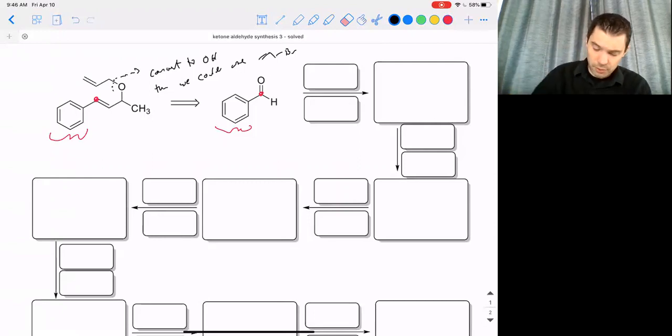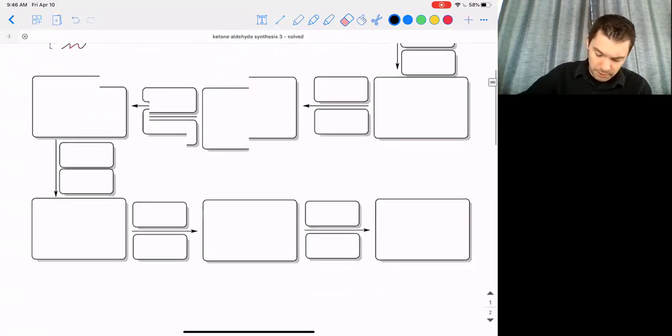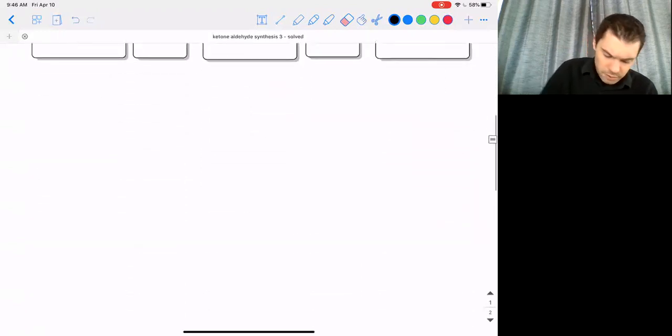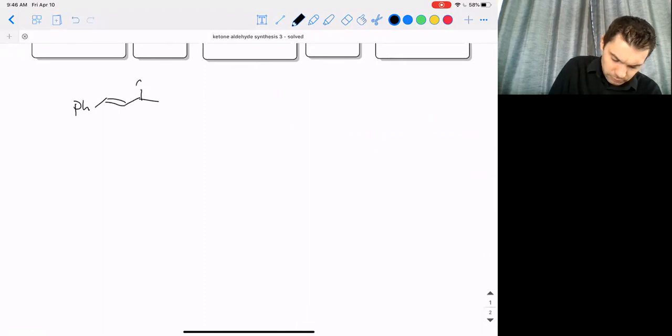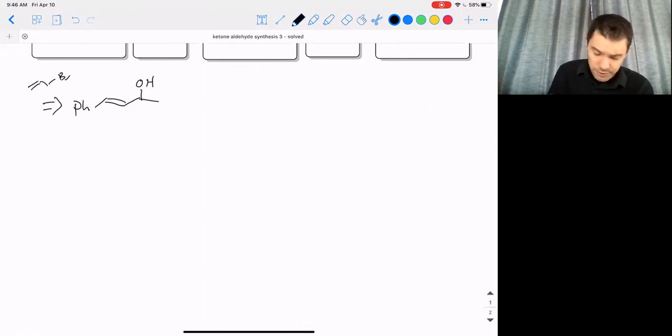I'm just going to scroll down to the bottom so I can put my favorite answer in these boxes up above a little bit later. So let me just do a quick retrosynthesis here. We already mentioned that we could go back to this alcohol from the starting materials and allyl bromide, and that would technically be a Williamson ether synthesis.